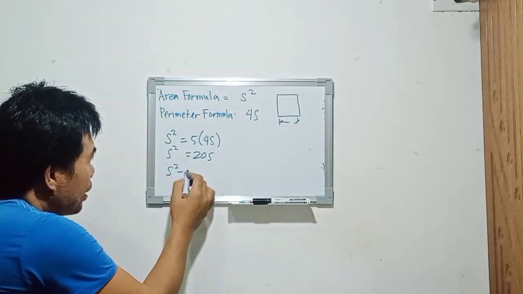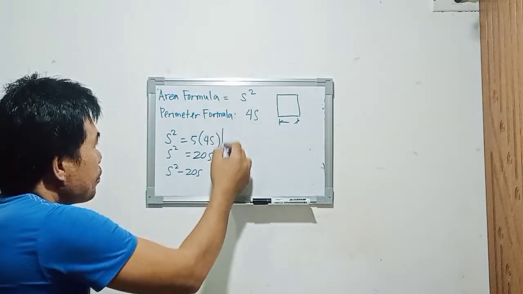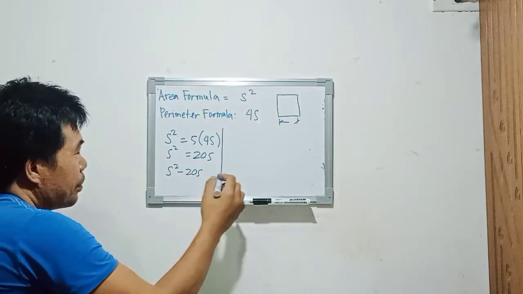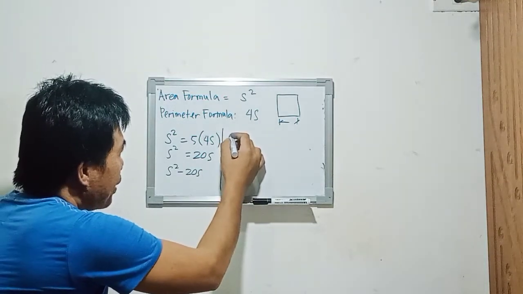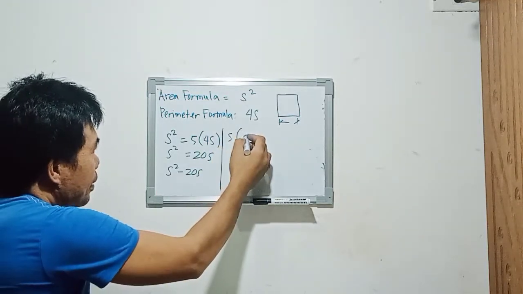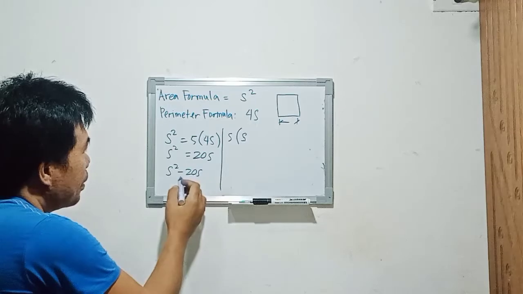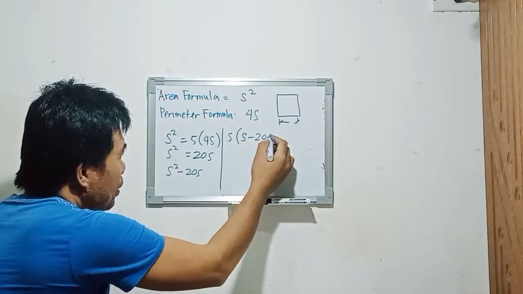So s squared minus 20s. We need to factor this binomial. And the common factor for s squared minus 20s is s. S squared divided by s is s. Negative 20s divided by s is negative 20.